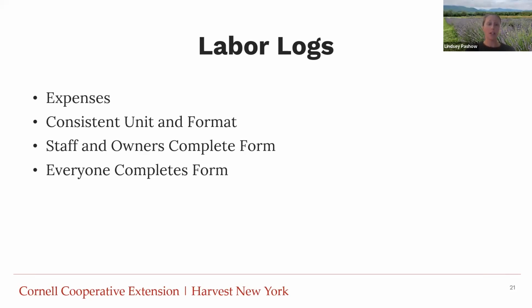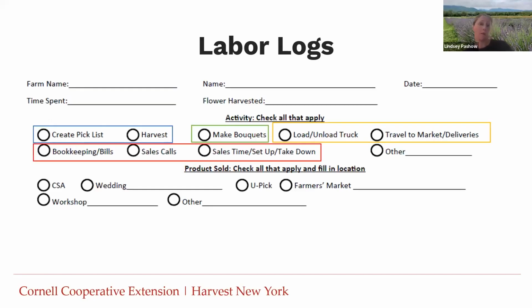So labor logs are great because they show expenses in consistent units, staff and owners can complete the form, and everyone completes forms. I put this together from one that's been done for vegetable farms and made it more for flower farms.